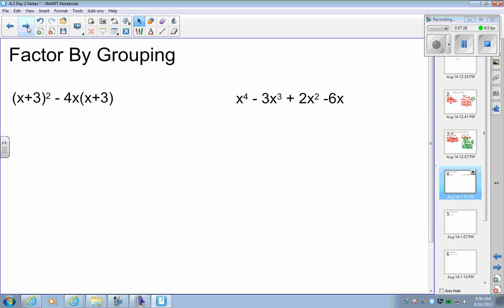Now, we're going to look at some more advanced factor by grouping examples here, eventually leading into something for you guys who are going to take calculus. You'll kind of get there, but get in some complicated factoring by grouping type stuff. So this first one looks like this. It's kind of similar to what you've seen, but you got an x plus 3 quantity squared here.